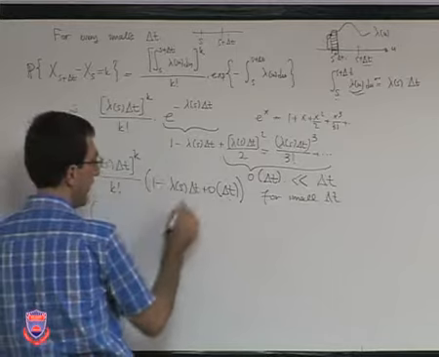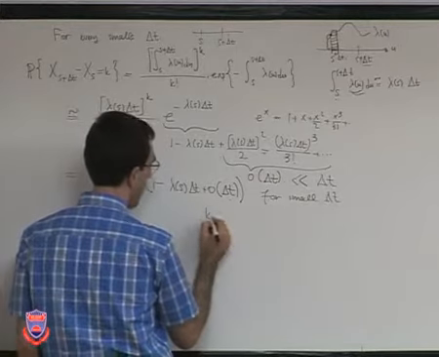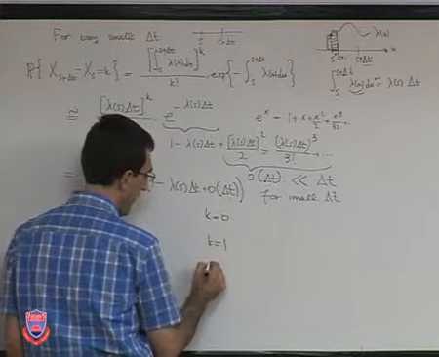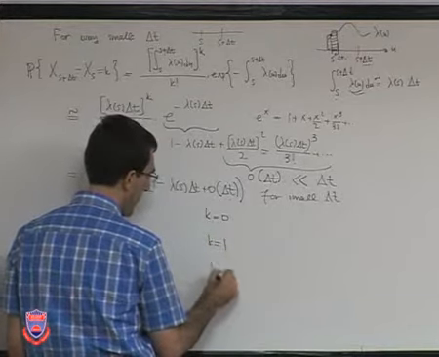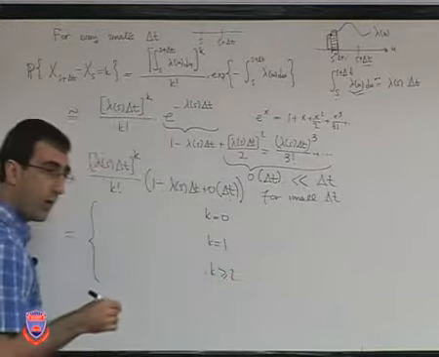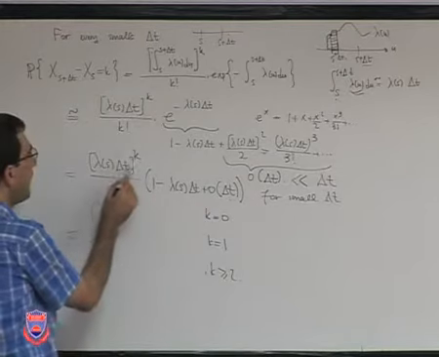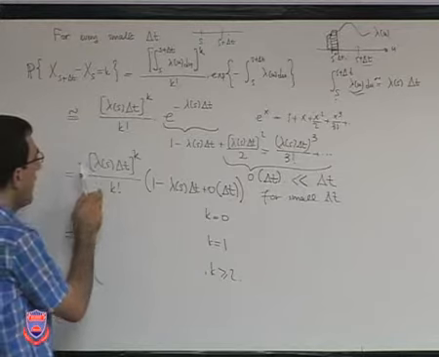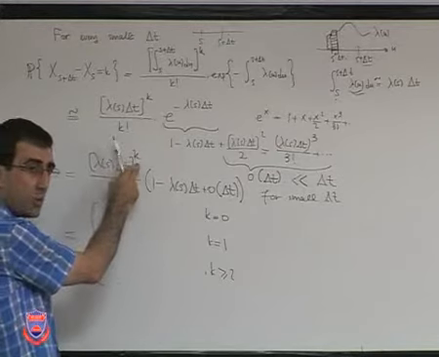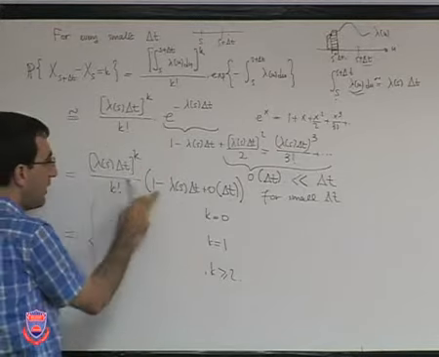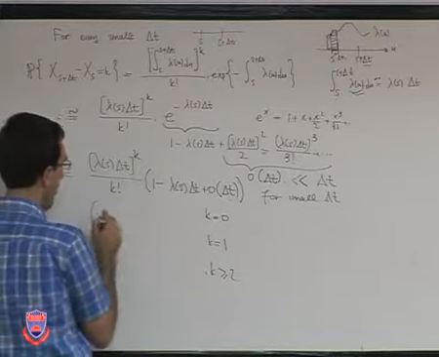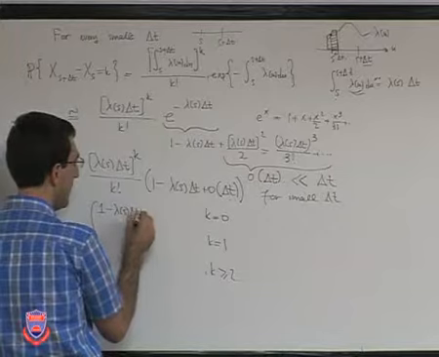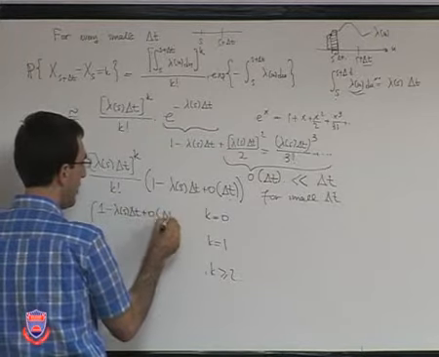Now it is time to look at what this is when k equals 0, when k equals 1, and when k is 2 or more. When k equals 0, this entire term vanishes. Something to the power 0 is 1, you divide by 0 factorial 1, so you get 1 minus lambda s times delta t plus a negligible term.